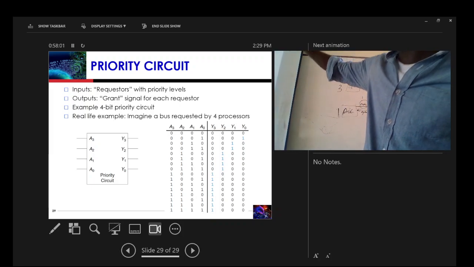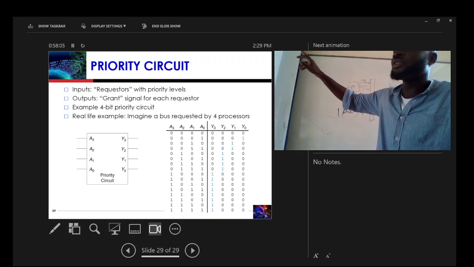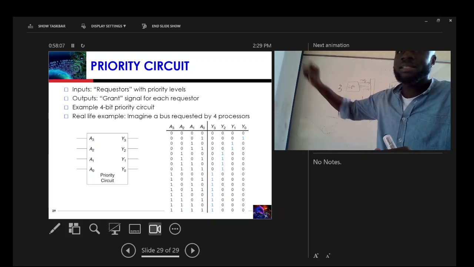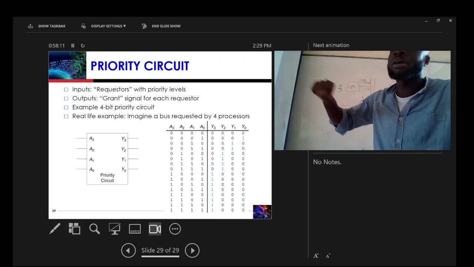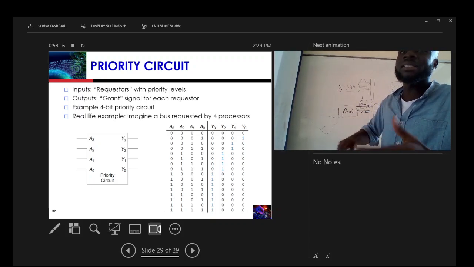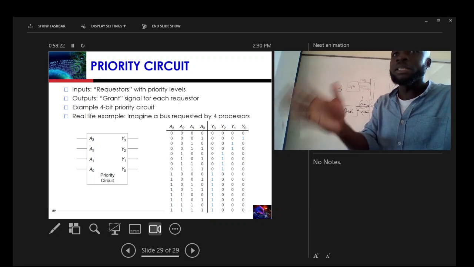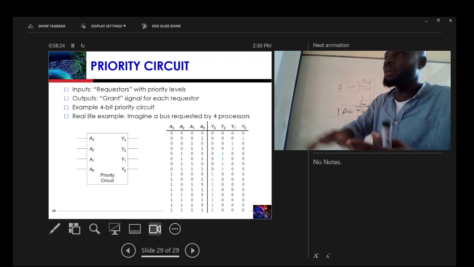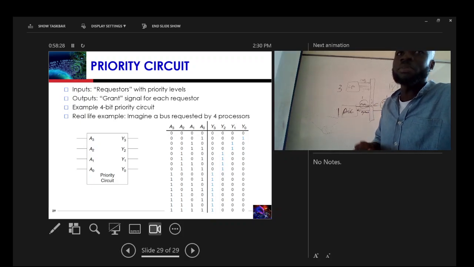A3, A2, A1, A0 are the inputs, the request lines from the CPU, accelerator, IO, or memory. Y3, Y2, Y1, Y0 are the grant lines. So I give it an input, one request is activated, and it can only activate one of the output lines.